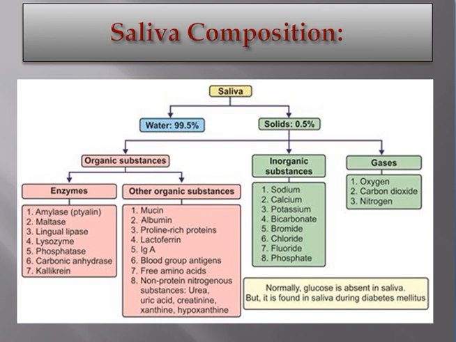They are proteins, and immunoglobulins are a component of the immunological system. Inorganic substances are understandable: sodium, calcium, potassium, and others. And gases, of course, first of all oxygen, carbon dioxide, and nitrogen.